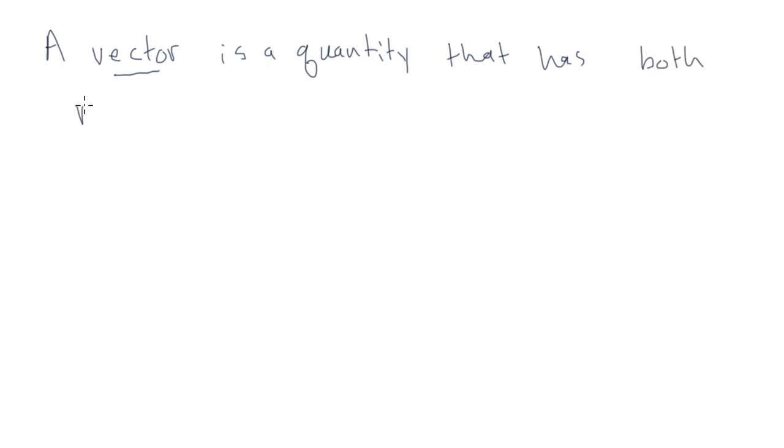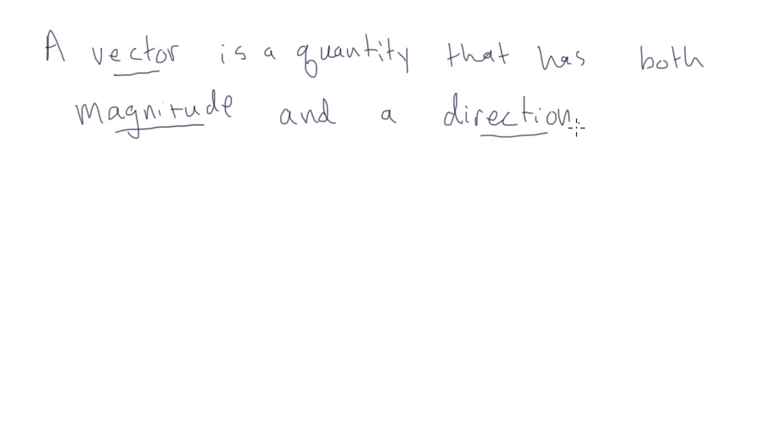It has a magnitude and a direction. And so maybe the easiest way to see what a vector is, just think about some examples.